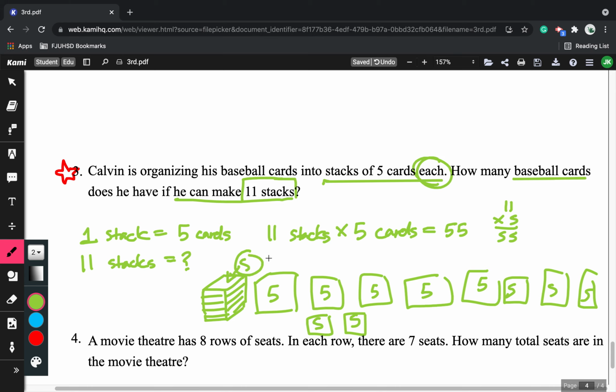Since we're just adding 5 constantly, 11 times, it's 5 times the quantity of 5s, which is 11. And that's the answer, 55. Remember to write your units and box your answers. Very important.